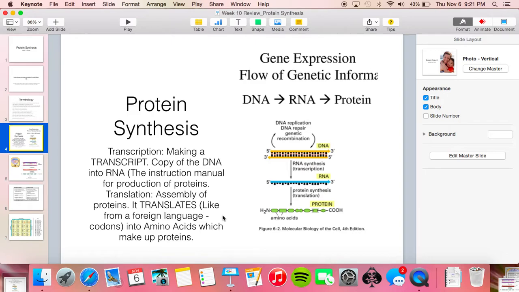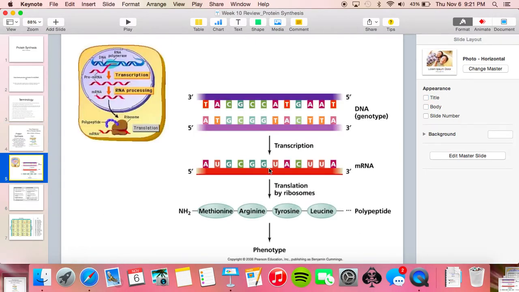So you can see right here, it goes from DNA to RNA to protein. That's called the central dogma. So these 3 base pairs would be a codon, and you would translate that into this. So it's translating it from one thing to another.